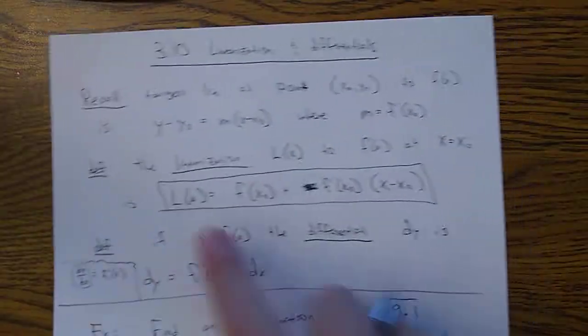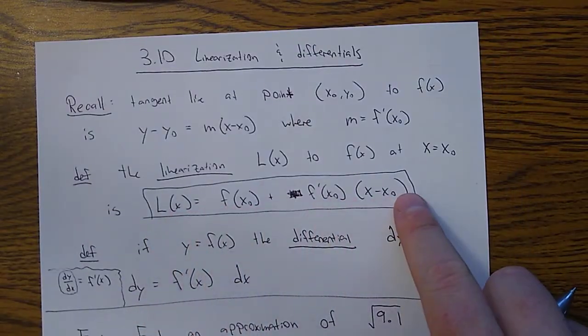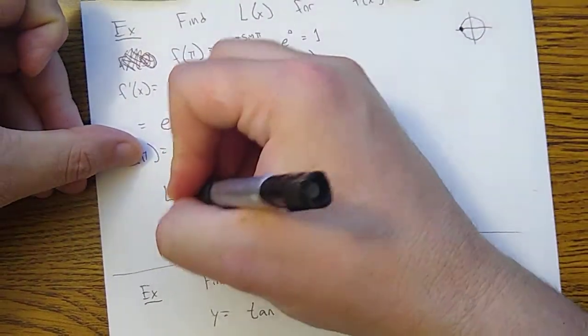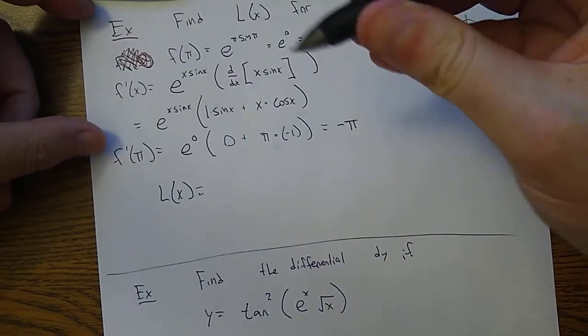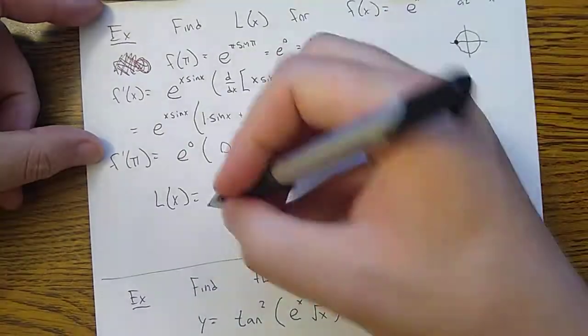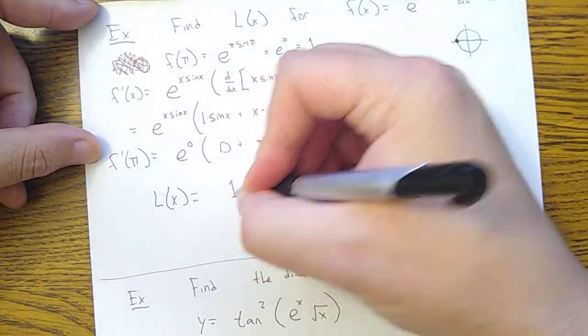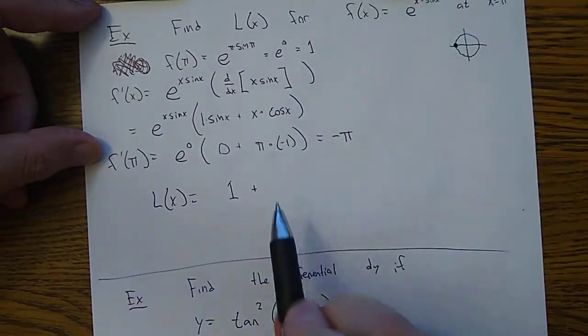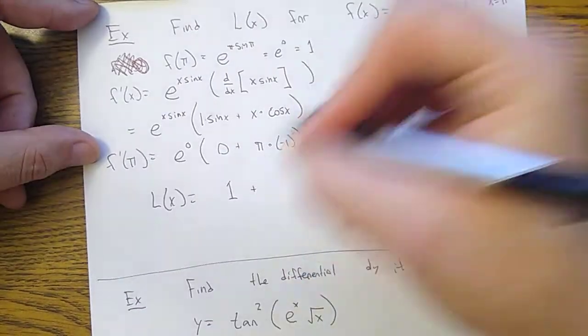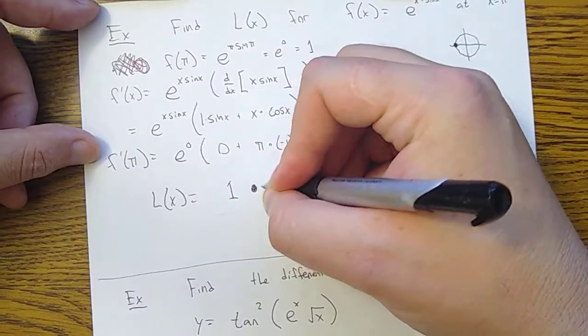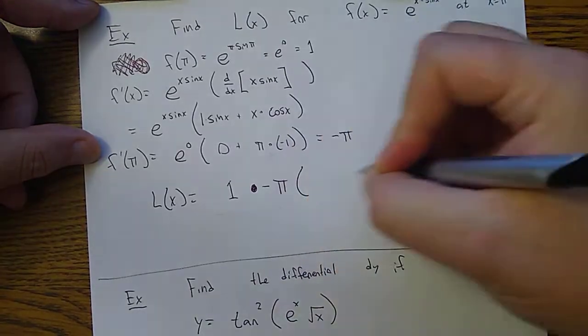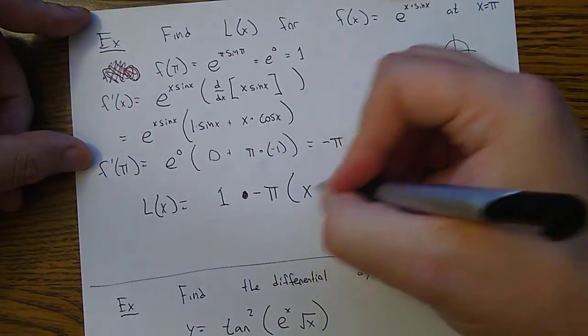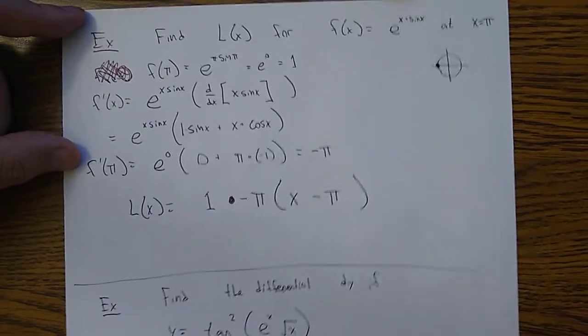We just have to assemble our answer by putting it in this formula. So L of x is f of x naught, which is 1, plus f prime of x naught, which is negative pi, so actually I'll write minus pi, times x minus x naught.